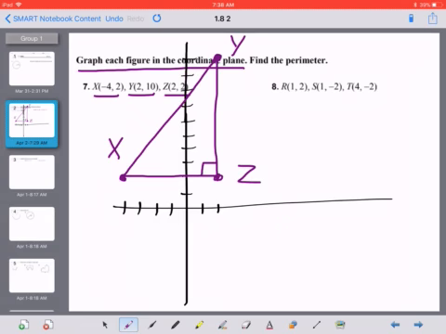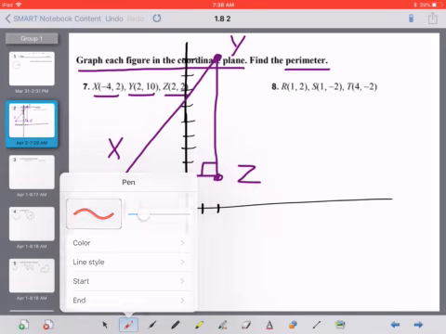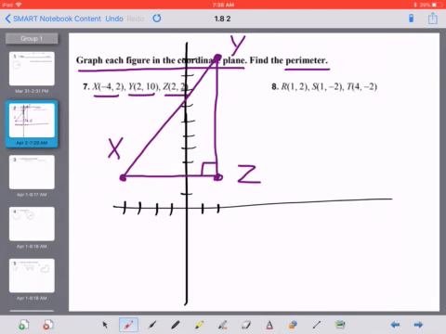So let's take a look at what's going on. To find the perimeter, we need to know the length of all 3 of our sides within this triangle. Well, the horizontal and the vertical line segments are pretty easy to find. Since X and Z have the same y coordinate, all we have to do is take the difference between their x coordinates. So we're going to take 2 minus -4, and that distance from x to z is going to end up being 6.